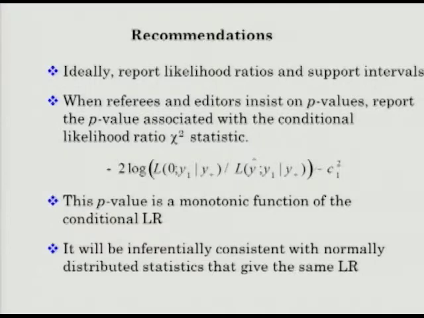Hence it will be inferentially consistent, in the sense that if you have a normally distributed statistic with the same likelihood ratio as what you're getting out of your 2x2 table, the p-value for the normally distributed statistic will be identical to the p-value you get here. So it is, if you will, a surrogate p-value, a surrogate for the likelihood ratio.